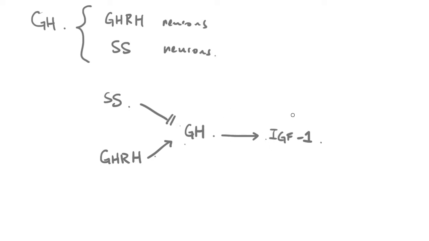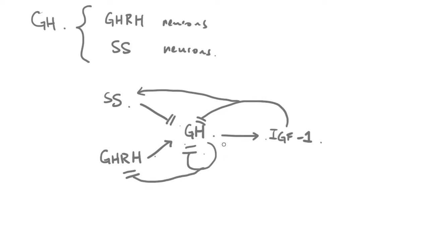And IGF-1 would then feed back to inhibit GH and stimulate the release of SS. And then we also have GH inhibiting itself and also inhibiting GHRH.